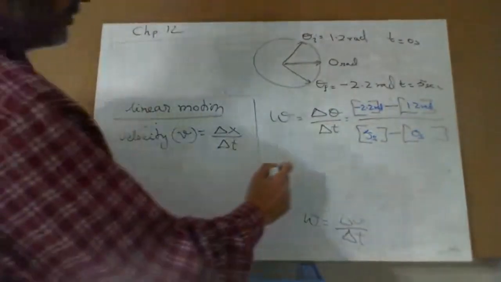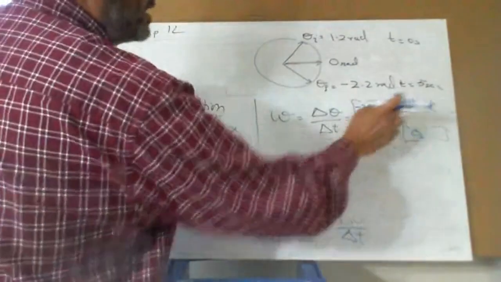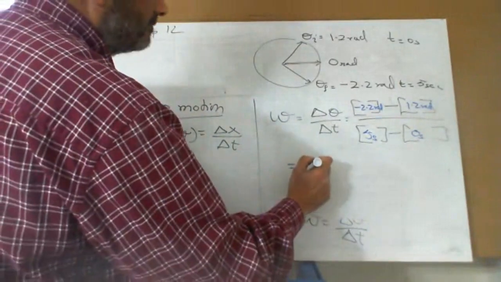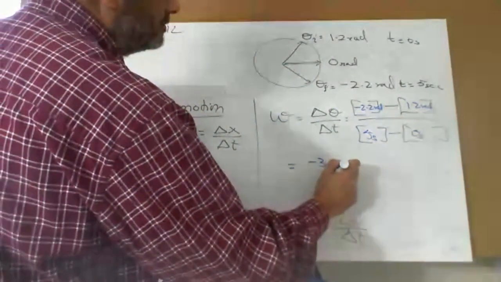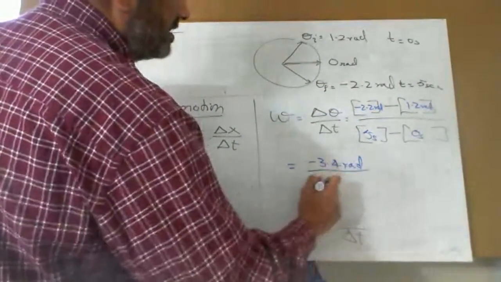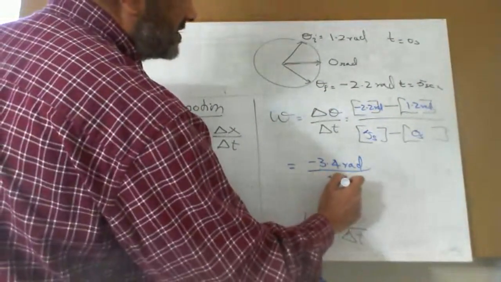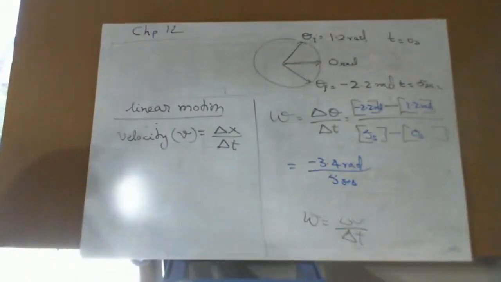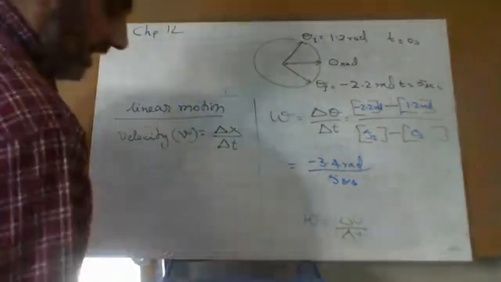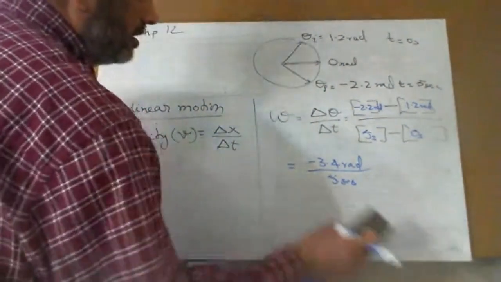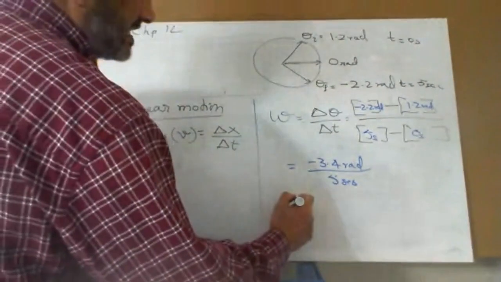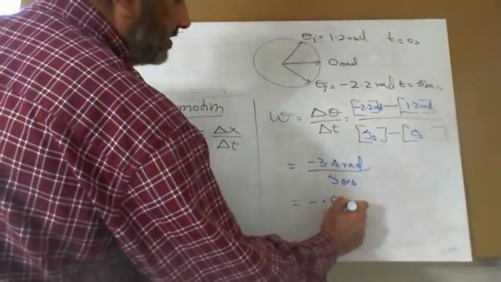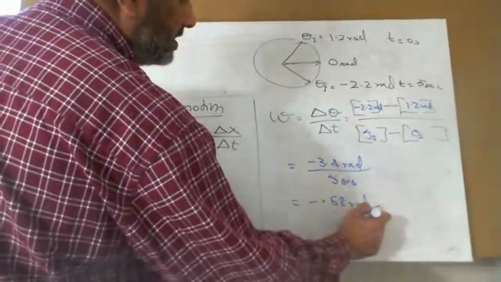So what do you get? If I work this out, minus 2.2 minus 1.2 is minus 3.4 divided by 5 seconds. Okay, and if I divide that, I will get minus 0.68 radians per second.